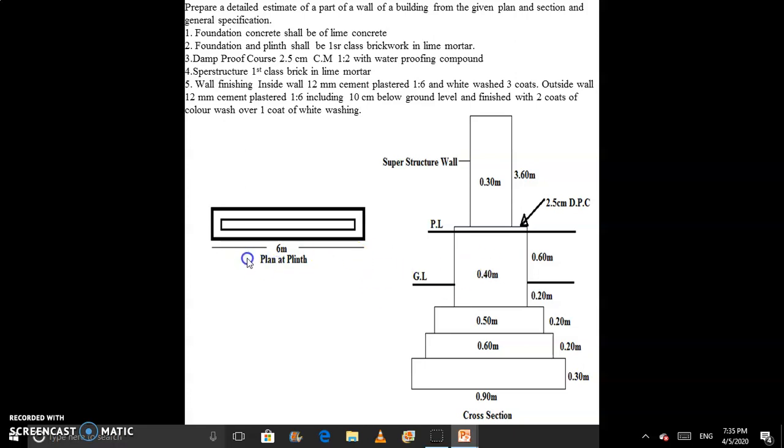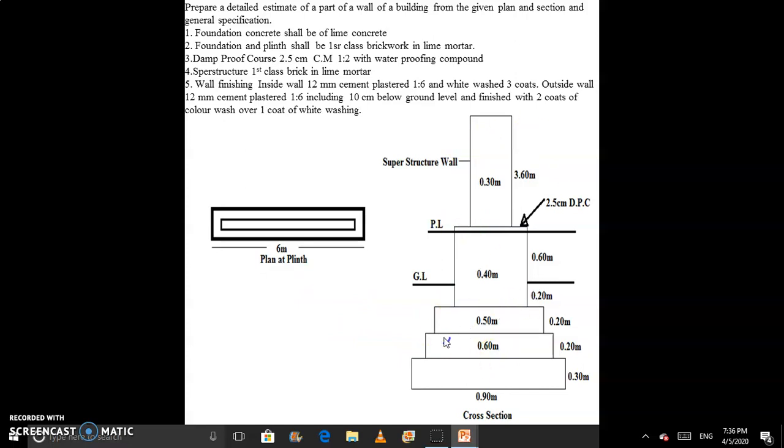For example, excavation for foundation, then brick in foundation, then brick in superstructure and plinth level, DPC and so on. There are many things we have to do in construction work. So we have to calculate all quantities for this wall with the help of this cross section.